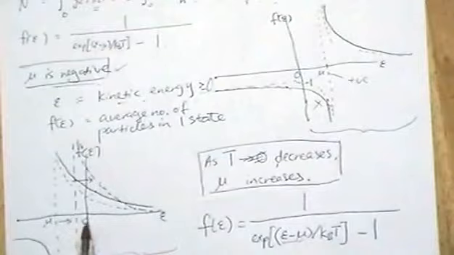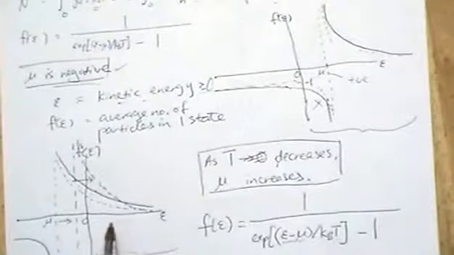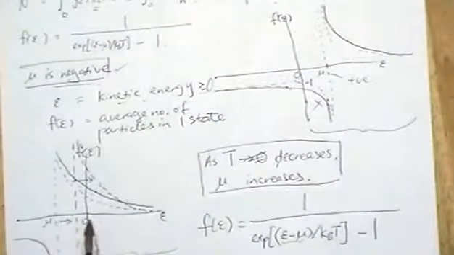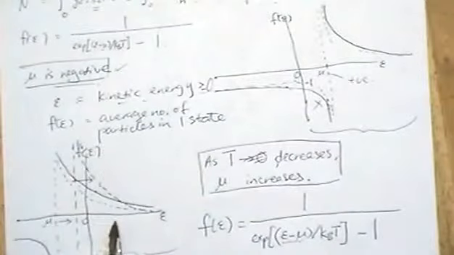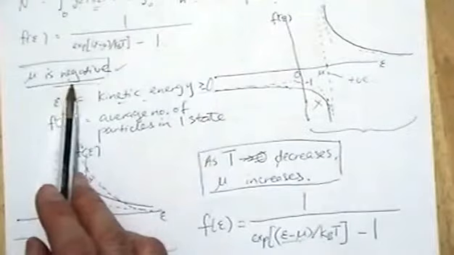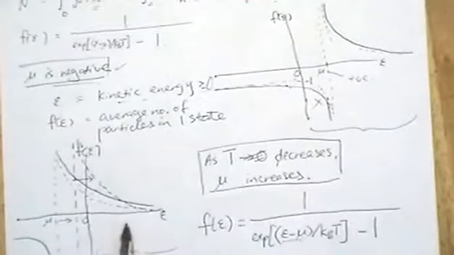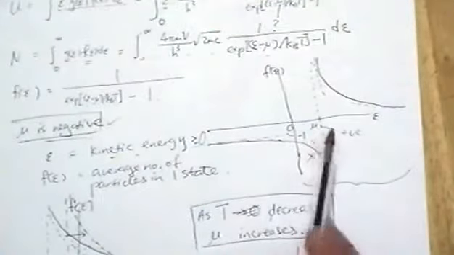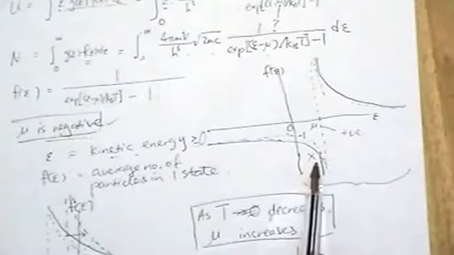It can never go beyond zero, because if it does, then mu would become positive, which is not allowed because mu has to be negative. Remember the problem when mu was positive? We would end up with negative number of particles. So mu would move towards zero as T decreases, but always remain below zero.